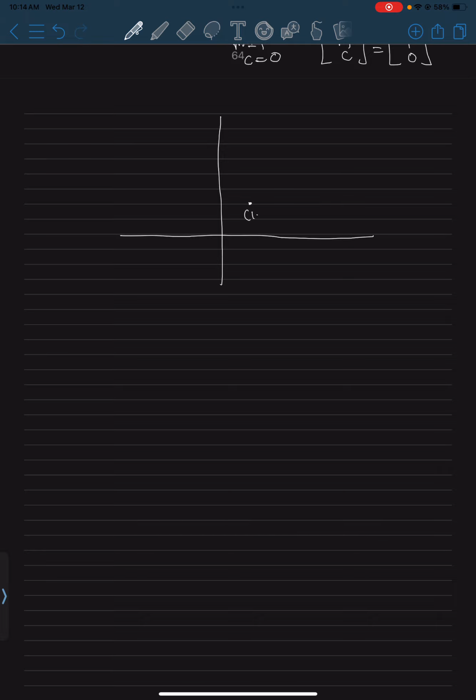Let's say (1, 1), and somewhere around here (2, 3), and (3, 2), and if this is 1, 2, 3, 4, somewhere here is 5, so (4, 5). He asked me to find the equation of a line passing through these points.